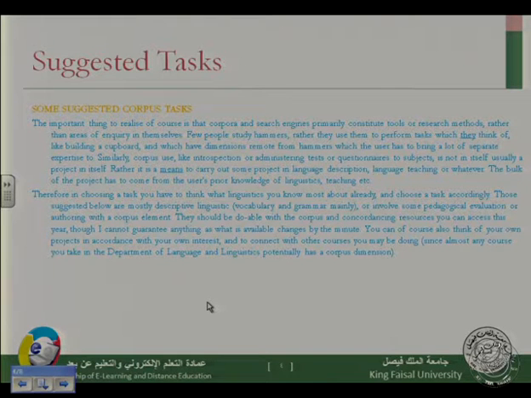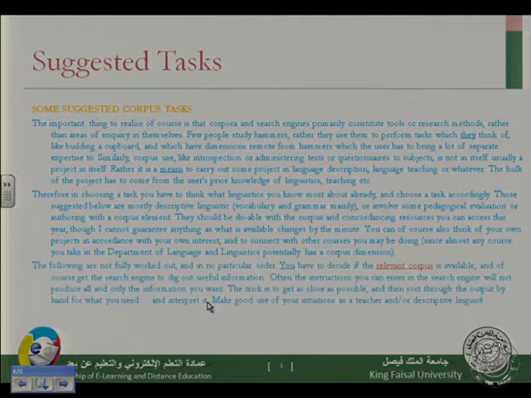You can of course also think of your own projects in accordance with your own interest and to connect with other courses you may be doing, since almost any course you take in the Department of Language and Linguistics potentially has a corpus dimension. So these tasks may be useful and helpful for you in other courses since you are studying in our English Language and Linguistics department.